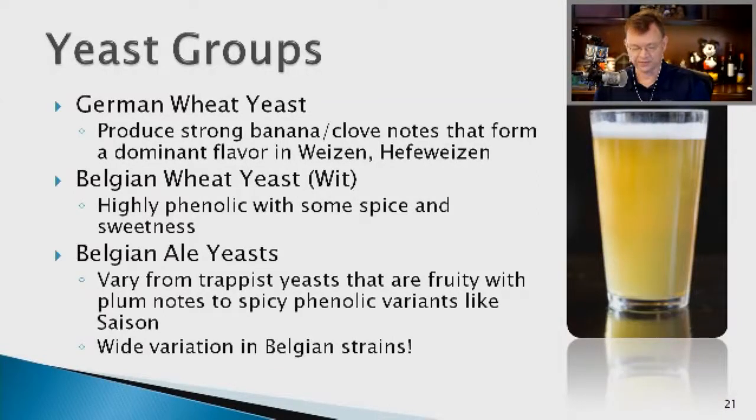And if you've ever had a Bavarian wit or a Weizen, they have that really strong banana clove flavor. The clove actually comes from the phenolics, and so it's really hard to make a Hefeweizen without the proper German wheat yeast, because a large component of the flavor of that beer comes from the phenolics that are produced by that particular yeast strain. So that's just a good example.